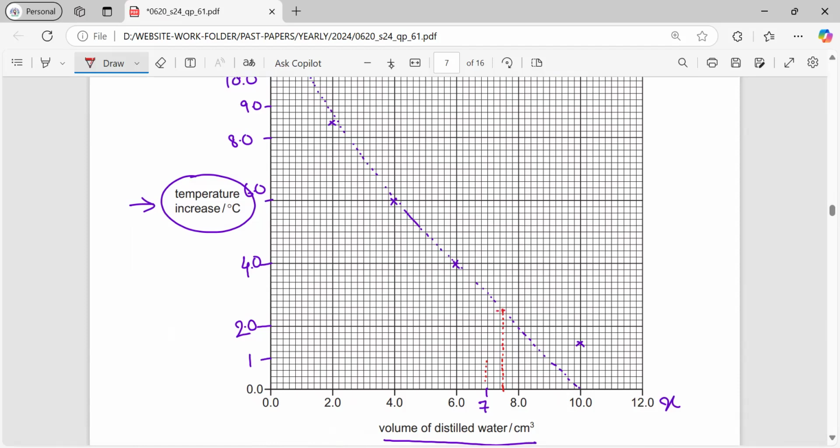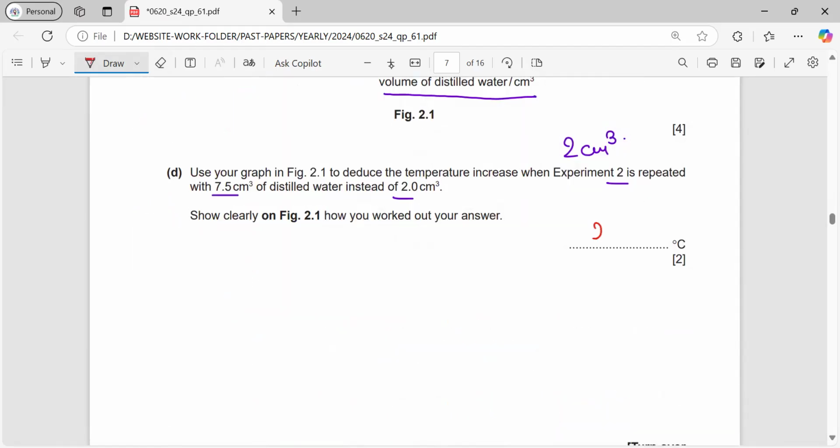Then we'll move backwards, and our point is coming somewhere here, so it will be 2.8 or 2.9. You have to show your workings like this, and you have to write the answer on the graph also. So it's 2.8. We'll write the answer, 2.8 degrees Celsius.